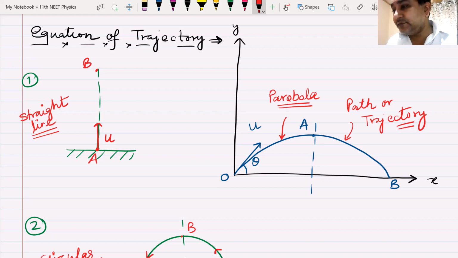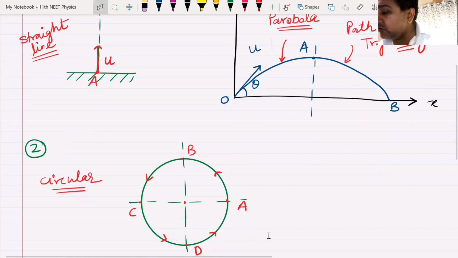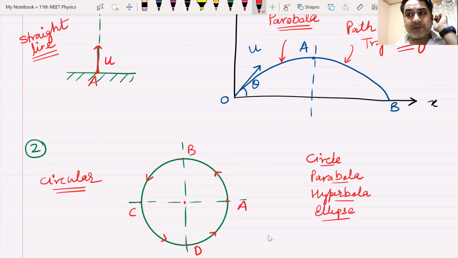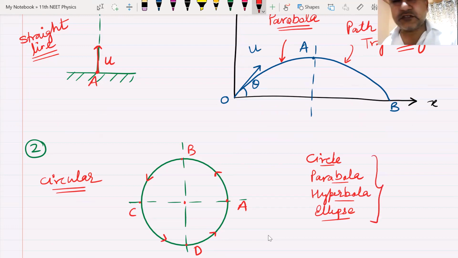Now, all these things that I was talking about, circle, parabola, hyperbola, ellipse. Now you are medical guys, that's why you are probably not aware of it, but these are not different. These are all part of a cone.